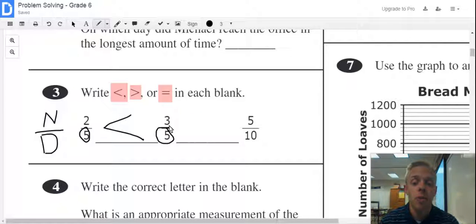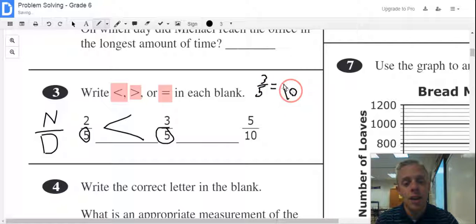Now I'm comparing 3/5 to 5/10. This is a little bit trickier, but if you notice 5 and 10, I'm counting by fives there. So I can think about the fraction 3/5 as being equal to something out of 10. So how did I go from 5 to 10?